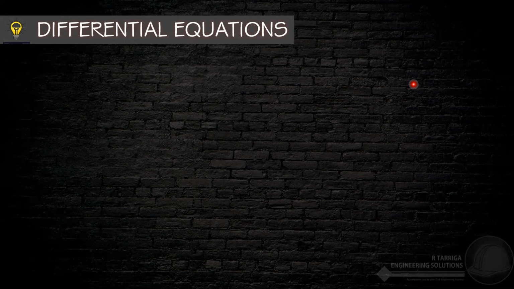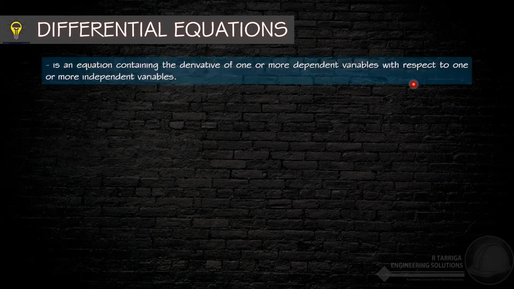First of all, we need to define differential equations. A differential equation is an equation containing the derivative of one or more dependent variables with respect to one or more independent variables. That is very self-explanatory.